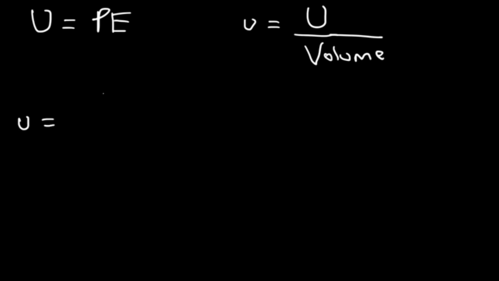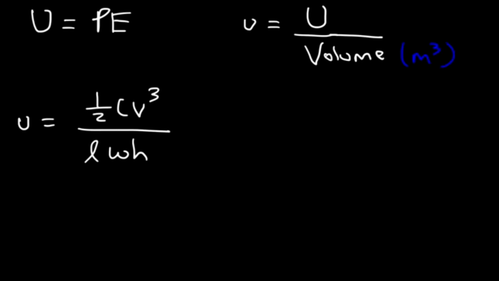The electric potential energy is 1/2 CV squared. The volume of, let's say, a rectangle is the length times width times height. The units for volume is cubic meters. The unit for energy is joules. So the energy density is going to be joules per cubic meter.